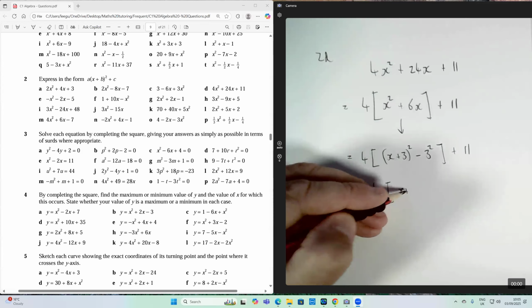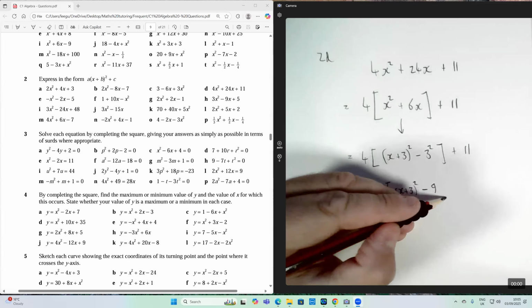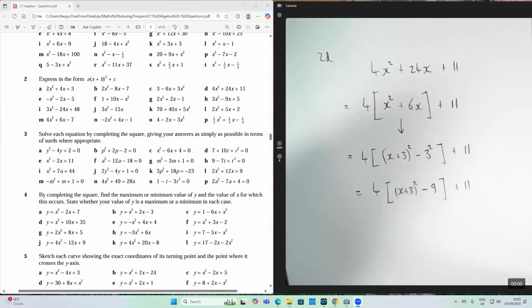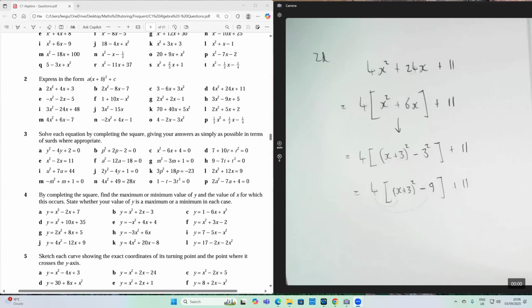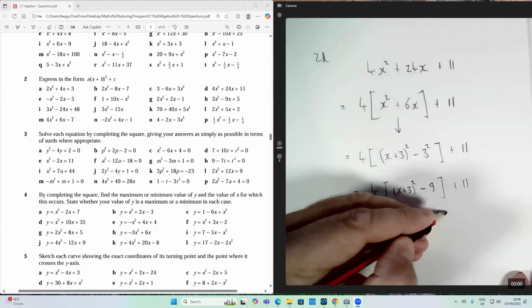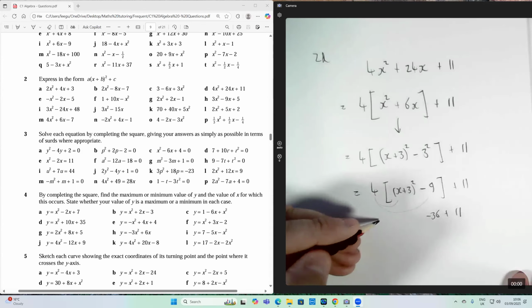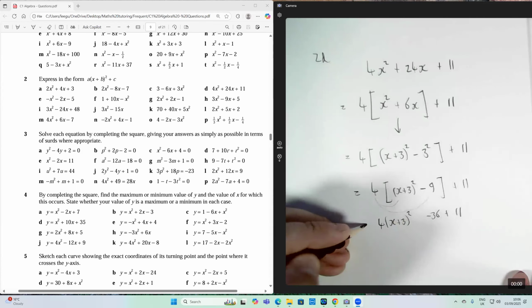So I have x add 3 all squared minus 9 plus 11. Now I need to expand the bracket, so that one times that one and that one times that one. Okay, which is going to give me minus 36 add 11 there, and 4 open brackets x add 3 all squared.